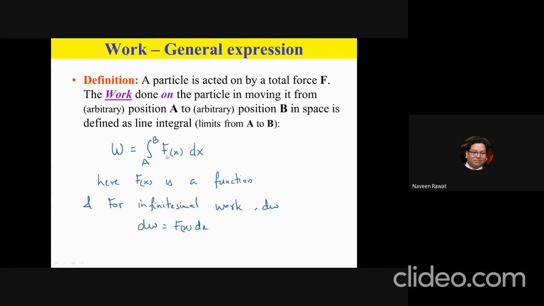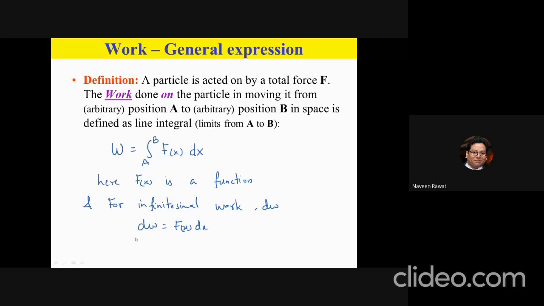This F now is not just any fixed value, it is a function, and dx is your displacement. So when you take the integral from A to B, that is the endpoints, that will give you the work done on your particle when you are moving from position A to position B. And like we were mentioning before, if you are looking at just a small point at any instant in time, the work done will just be dW, which is F of x dx.